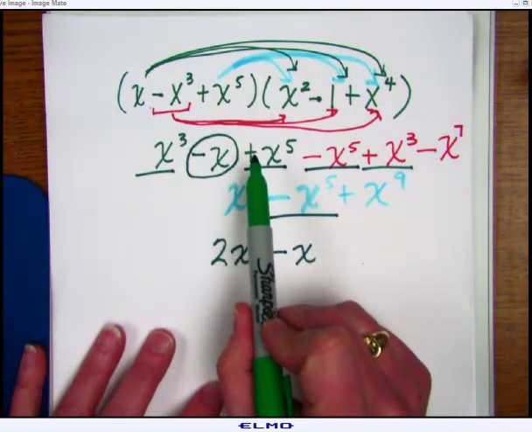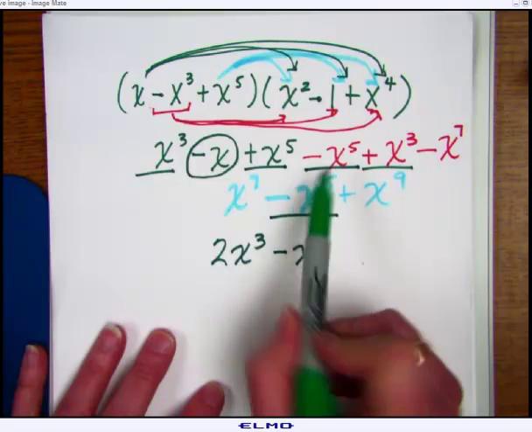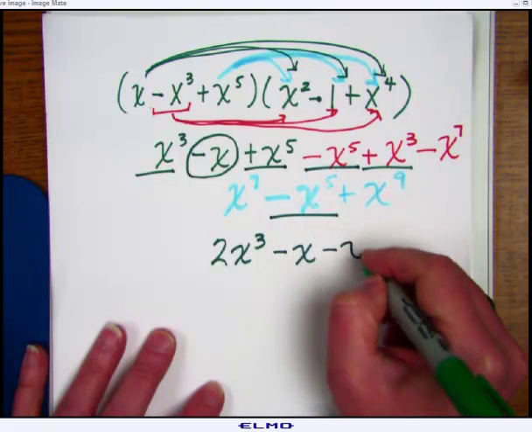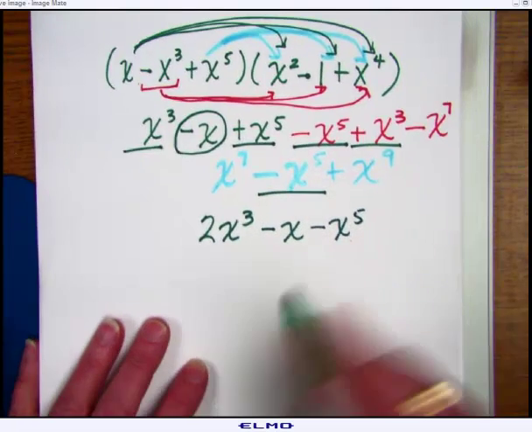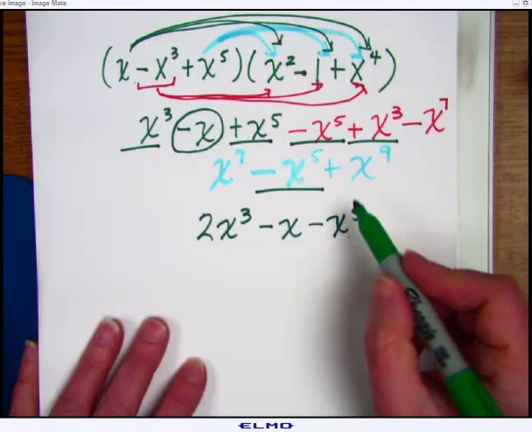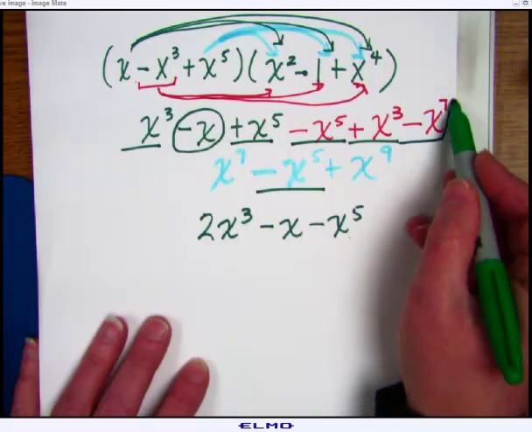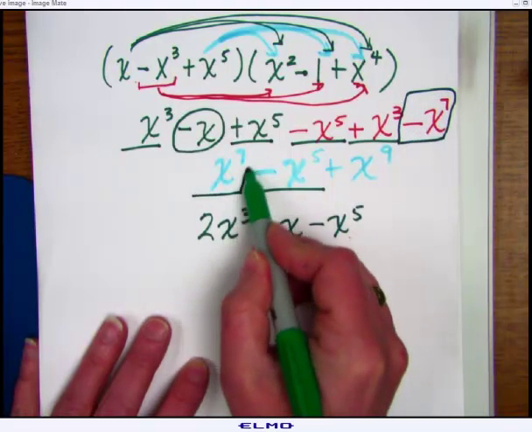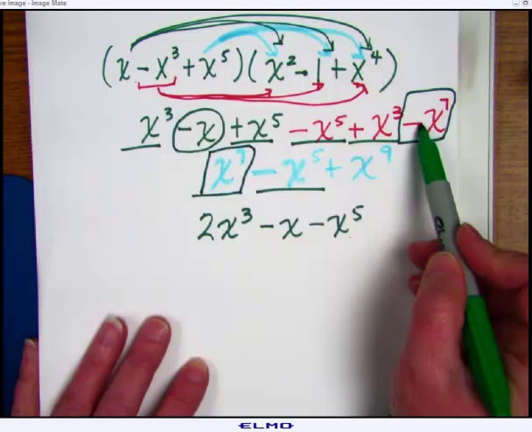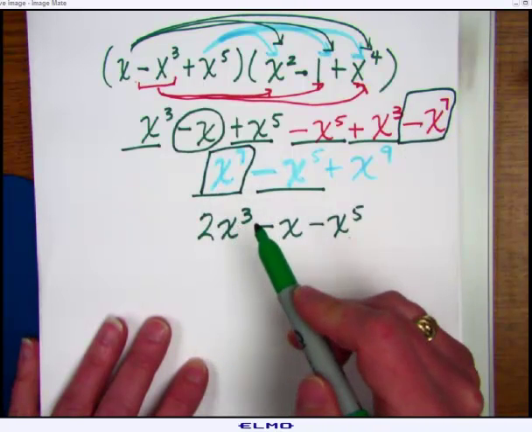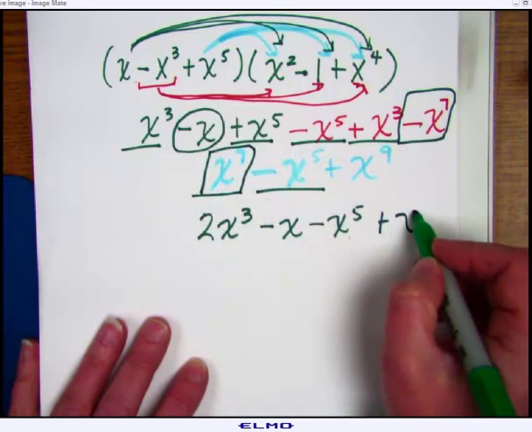Well, the plus x to the fifth and the minus x to the fifth are going to cancel out, so I'm just going to be left with minus x to the fifth, sorry. And then I have a minus x to the seventh and a positive x to the seventh. They're going to cancel out. Minus 1, positive 1 goes to 0. And then I have my x to the ninth.